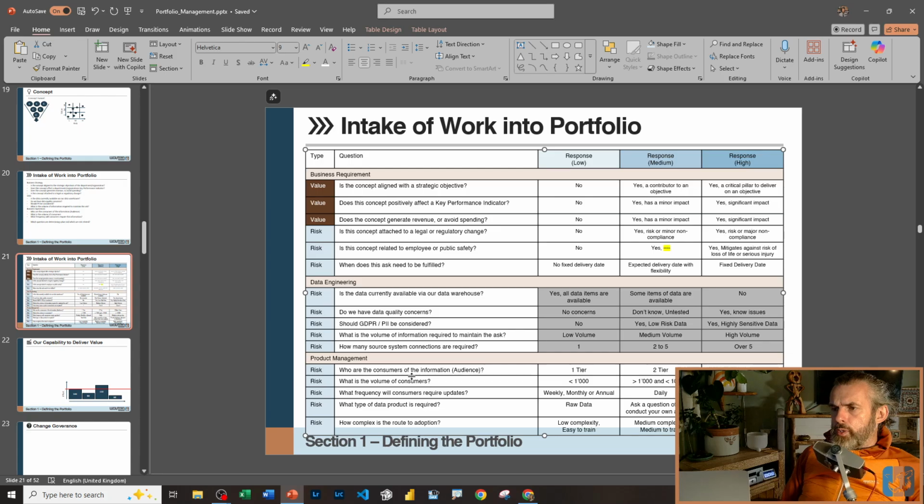And we can ask these questions of all of the demands as they come in, and this is going to enable us to do this relative comparison. I think we've done pretty well there, other than the fact it doesn't fit on the page. But we can fix that. So we'll leave it there.